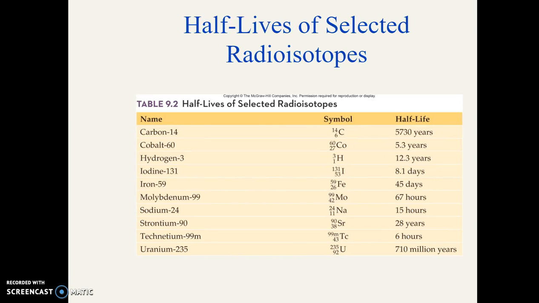Cobalt-60 takes 5.3 years. Hydrogen-3 takes 12.3. And some of them, like uranium-235, are 710 million years. So some take a long time, some don't take very long at all.